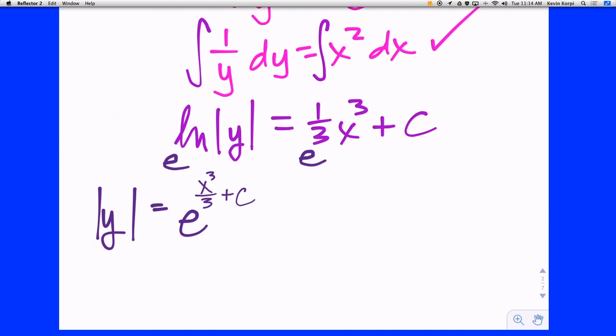That would be the exponent. That gets kind of cluttered up there, right? The other way to do it, or the absolute value of y equals e to the x cubed over 3 times e to the c. Sorry, thinking ahead.